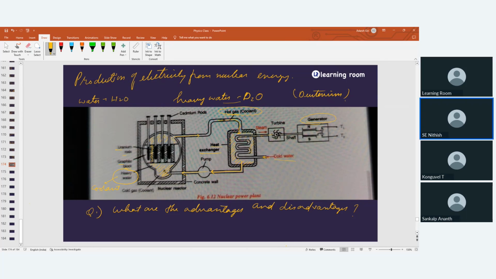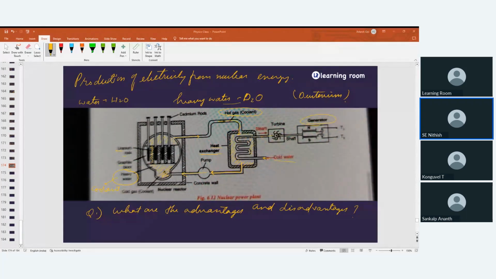Okay, so this hot coolant, after passing from this reaction, the heat of this hot coolant is transferred to the cold water from these pipes, and that cold water transforms into vapor. That vapor is pressurized to this turbine that rotates and produces the electricity.